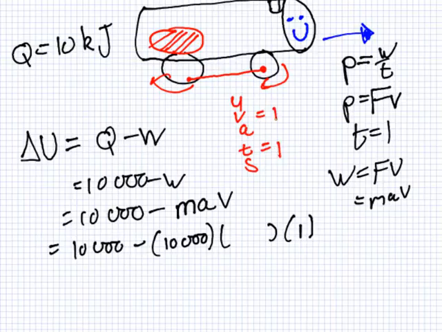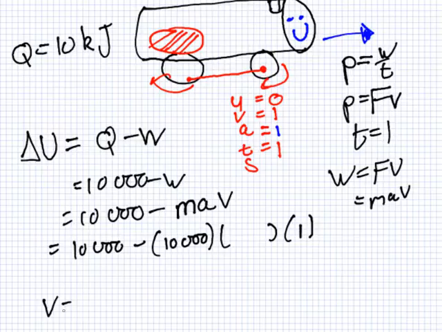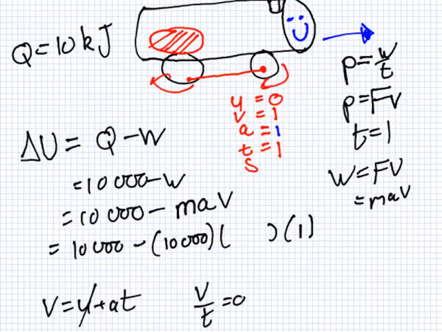The V is 1. The U is 0. What do you think the A is? 1. Because you can say V equals U plus AT. The U is 0. So V over T equals A. So the A is 1.